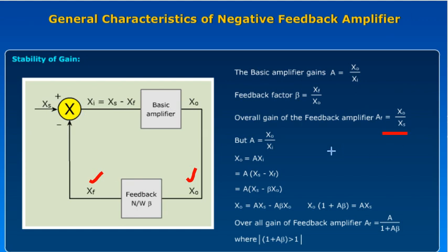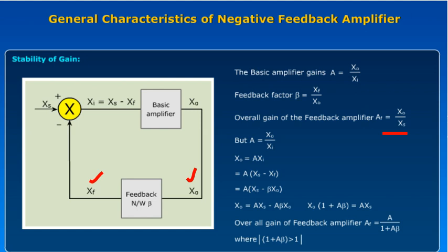The same as what you did in the previous slide, we will get the same here also, but in terms of X. So after substituting all these values, the overall gain of the feedback amplifier is A by 1 plus A beta.